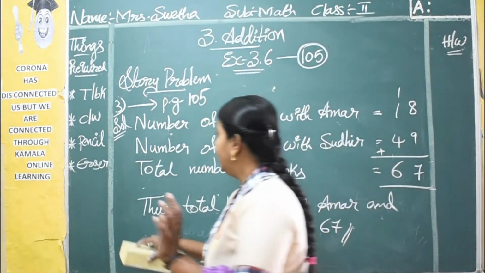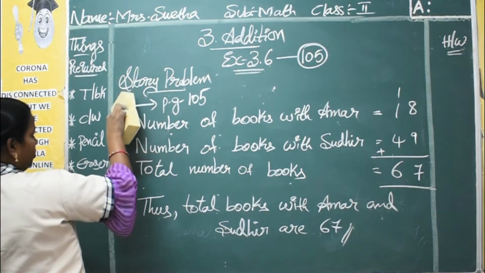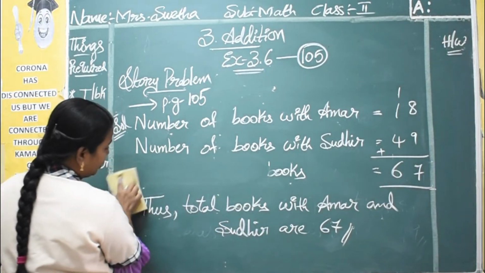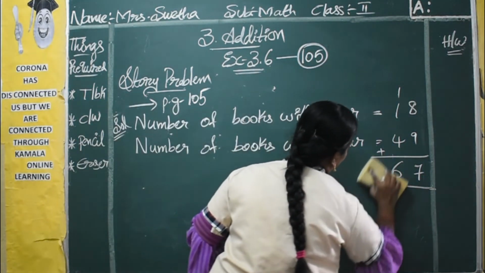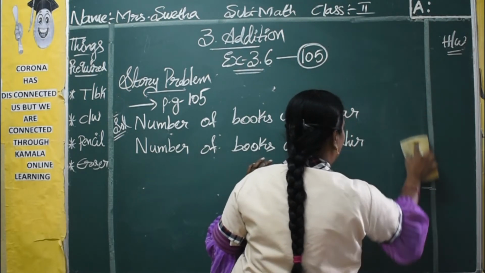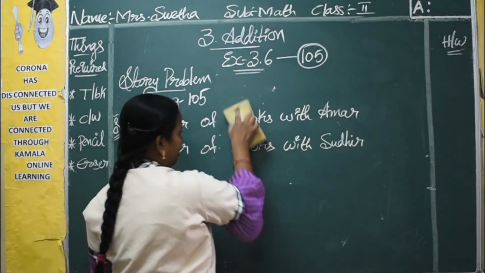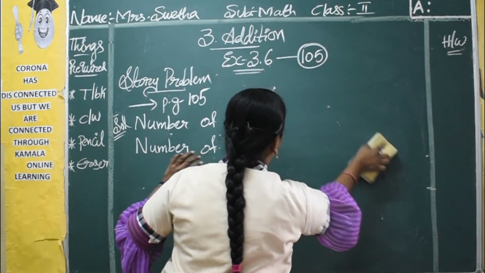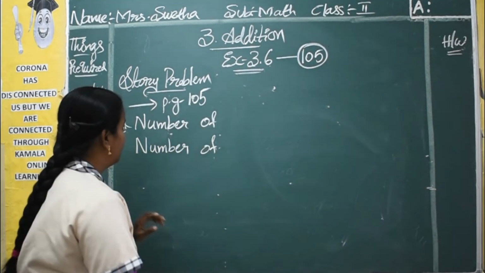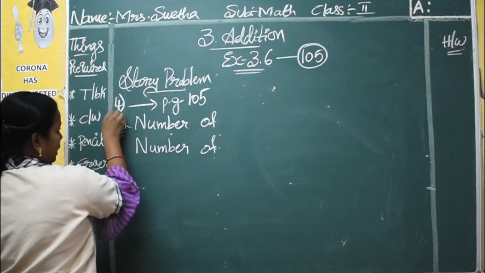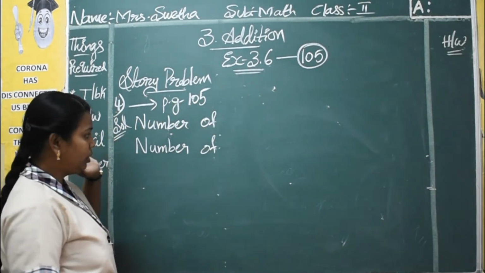So now we will write the fourth one. Number of will be same. Here I am changing the total because you are having 3 sets of numbers. So one more line you will use. In the place of books we will write men, women and children. So now see, fourth question. It is also there on page 105.